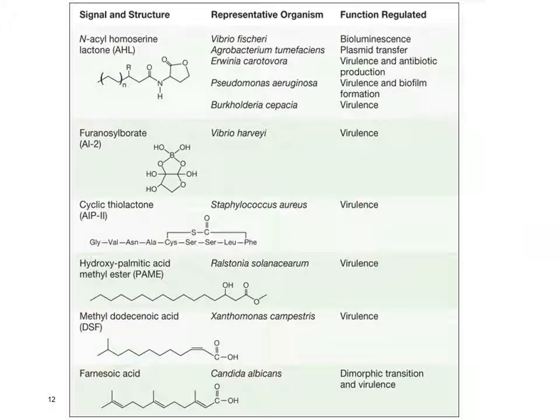I'll leave you with some additional examples of bacteria that use AHL signals. So in addition to Vibrio fischeri bioluminescence in the bobtail squid, we have the examples here of the opportunistic pathogens, Burkholderia and Pseudomonas aeruginosa, that use AHLs to regulate the expression of virulence factors.